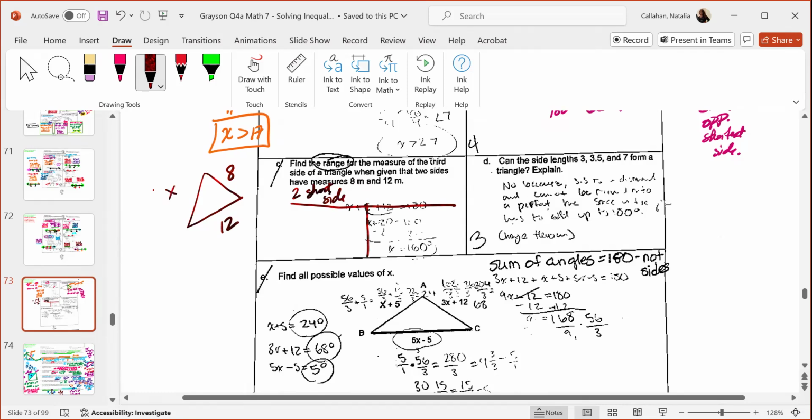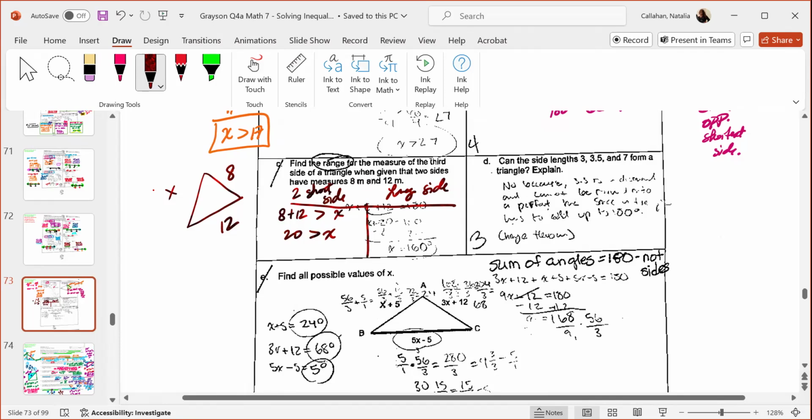And let's say that's x, correct? If the two sides are short, then 8 plus 12 is bigger than x, right? 20 is greater than x, correct?